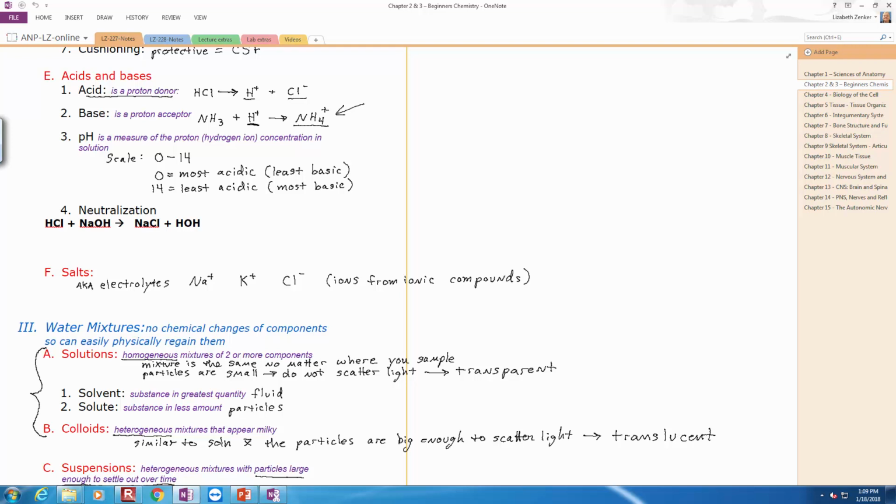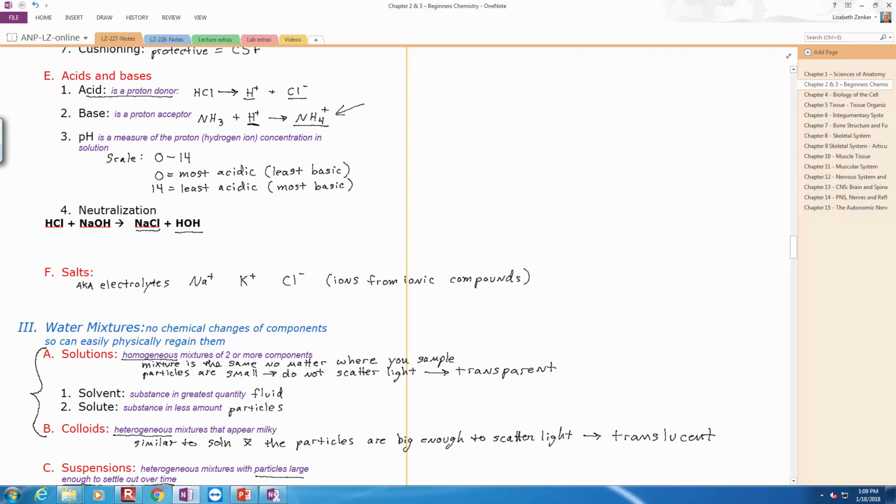So for neutralization, if we take HCl or hydrochloric acid, which is a strong acid, we said, right? And then we take sodium hydroxide or NaOH, and NaOH is a strong base. So we have a strong acid plus a strong base. What we end up getting is NaCl. Anybody know what that is? Table salt, right?